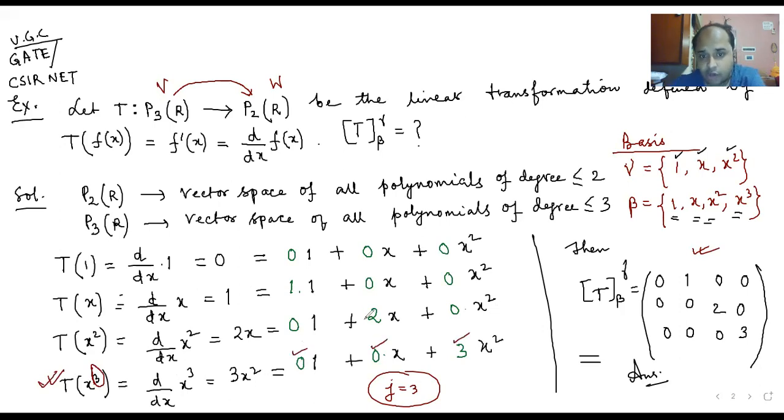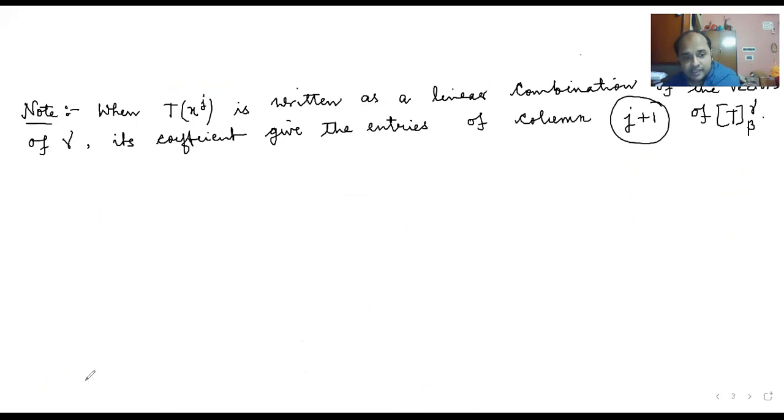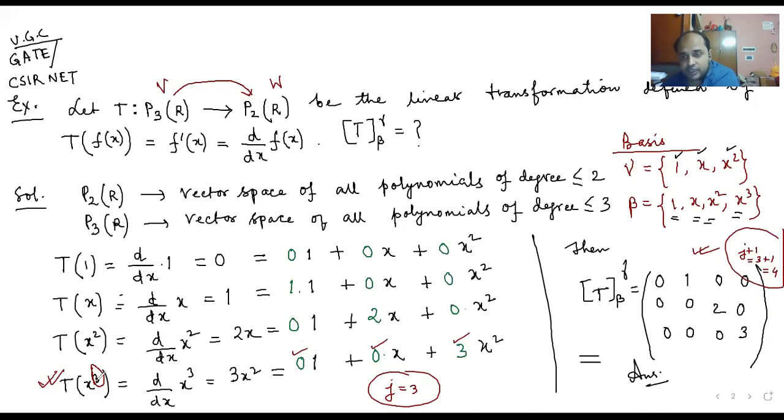These coefficients are obtained in the expression of T beta gamma in the j plus 1, that is 3 plus 1, that is the fourth column. This is a very important result. So you are going to get the coefficients of x3 in the fourth column of the matrix representation T beta gamma.